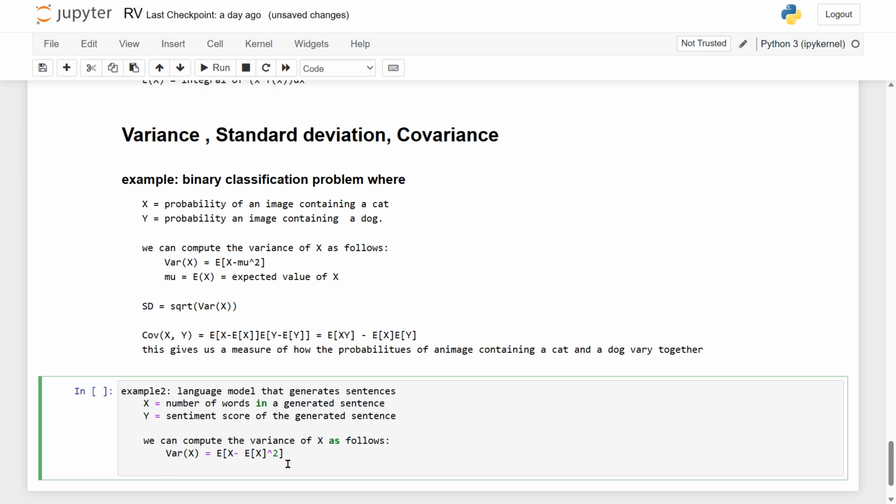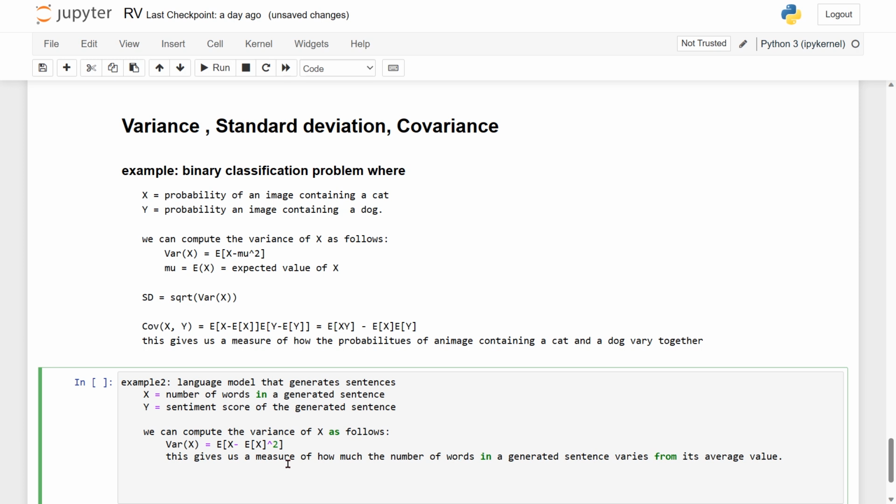So what does it do? This gives us a measure of how much the number of words in a generated sentence varies from its average value.